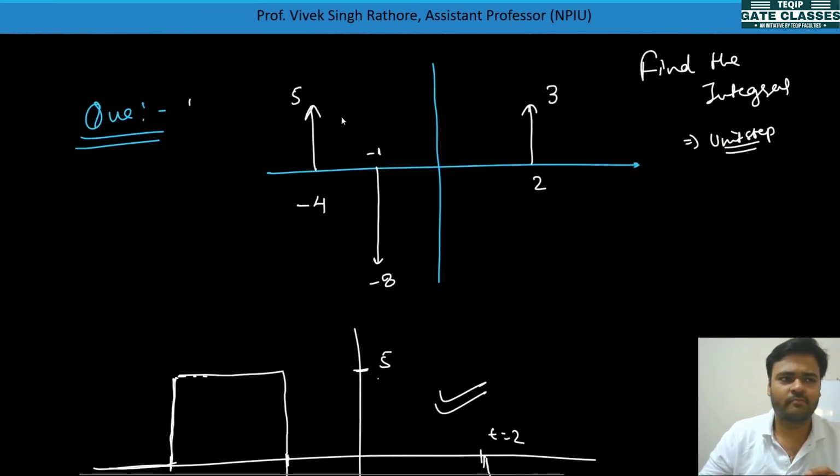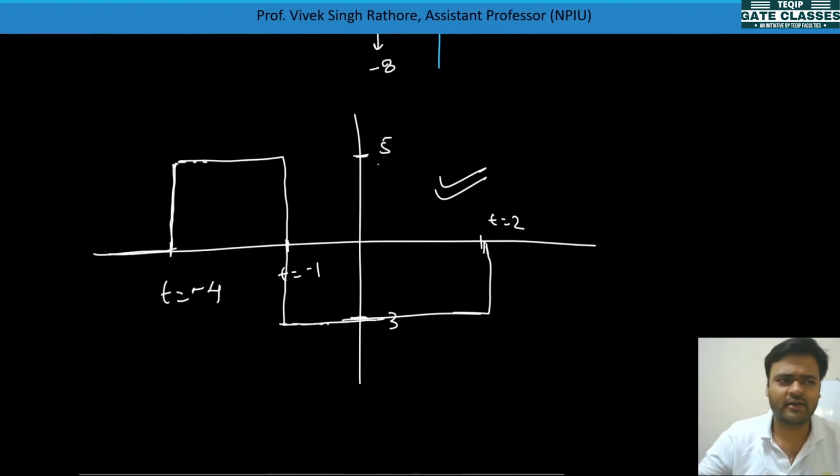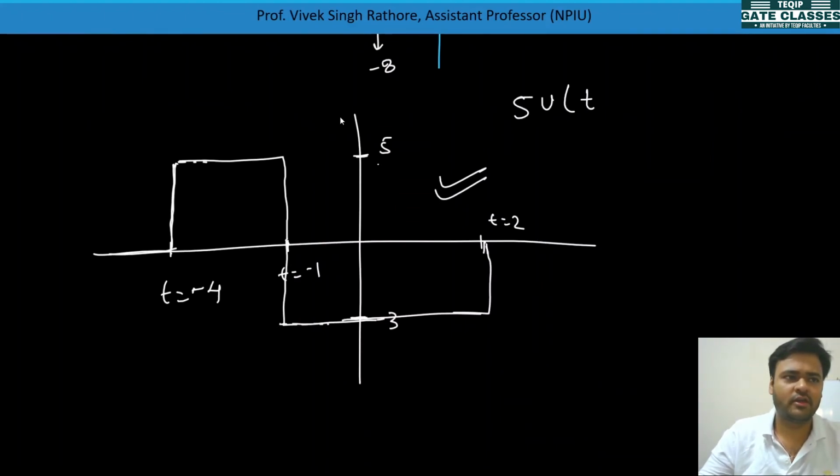How have we done it? As you know, the integral of a unit impulse is a unit step, and these values represent the step changes. So we can plot it, and we can also write it as 5u(t+4) minus 8u(t+1) plus 3u(t-2).